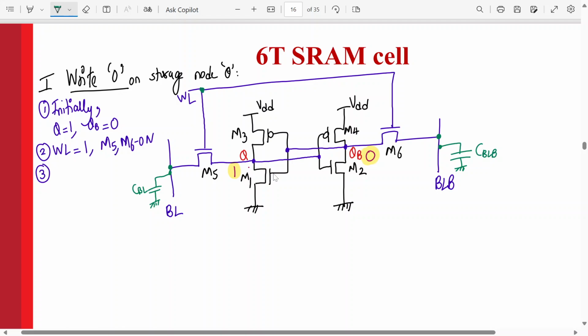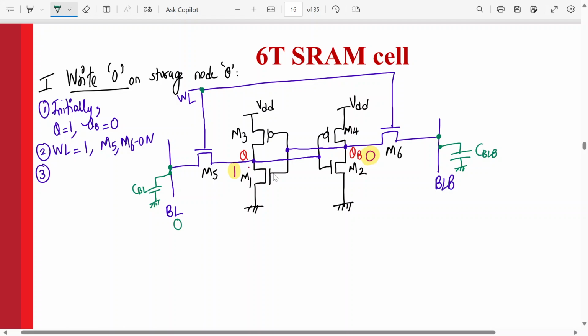So now what will happen is, if bit line is 0, what will happen? So what will happen is, M1 and M5 will be discharging slowly towards ground.